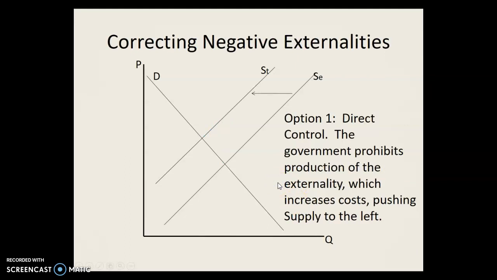Option one would be direct control, and that's where the government simply prohibits the production of the externality. They say you cannot spew this stuff into the rivers, you cannot spew this stuff into the air. They prevent the company from being able to create that negative externality, and that will definitely increase their production costs.